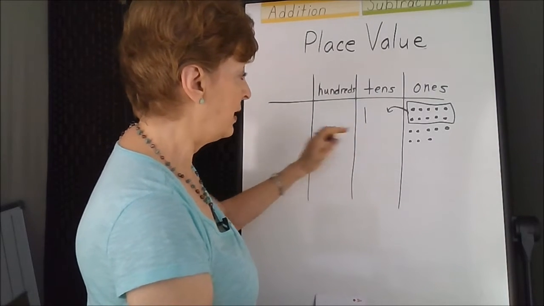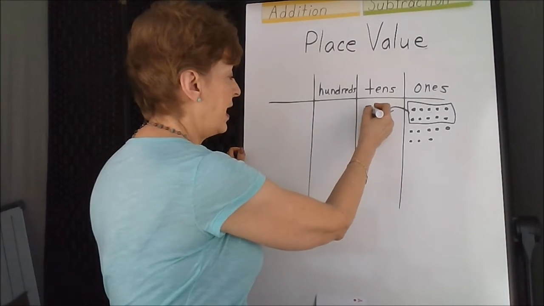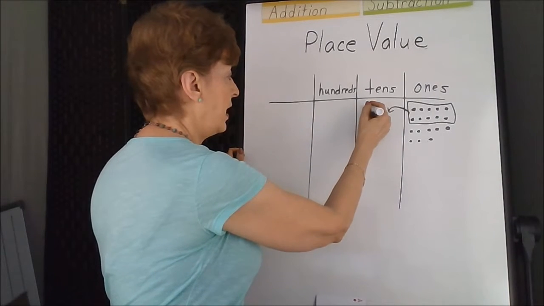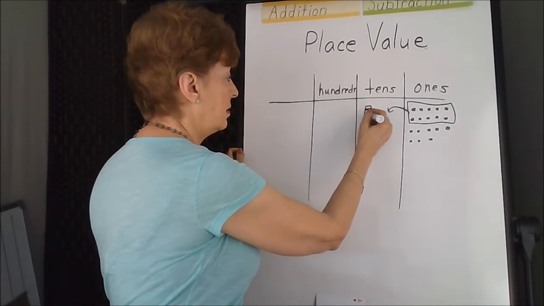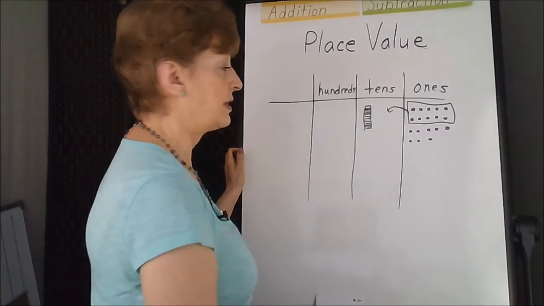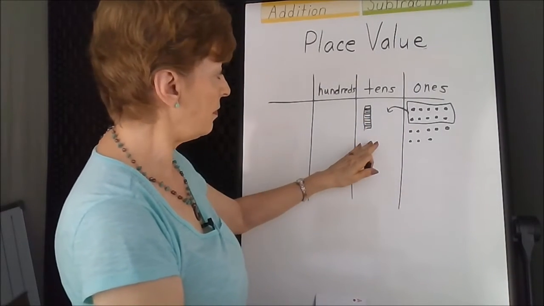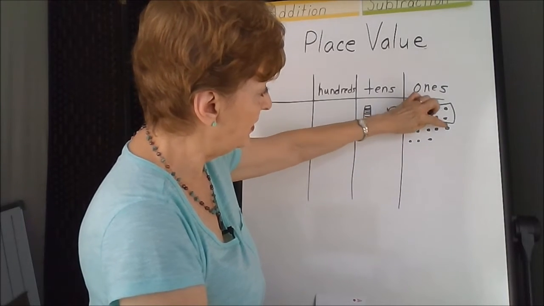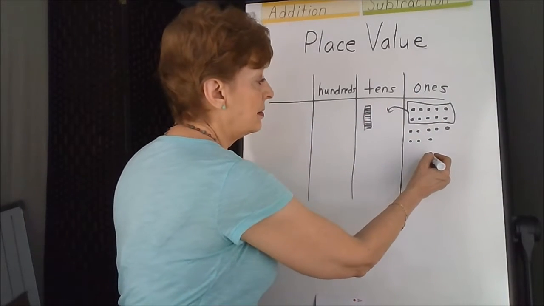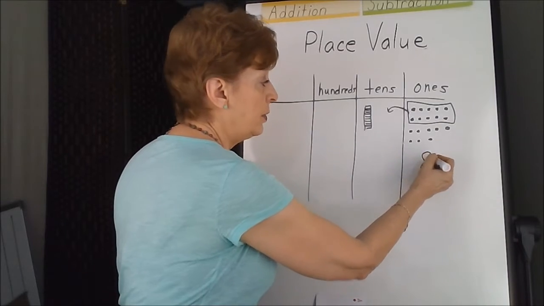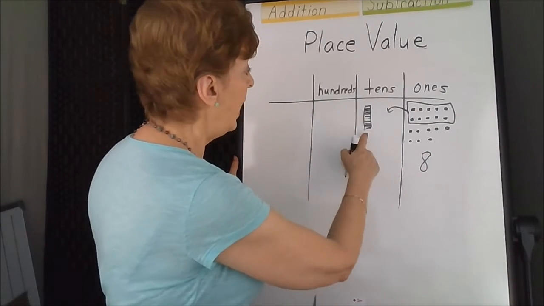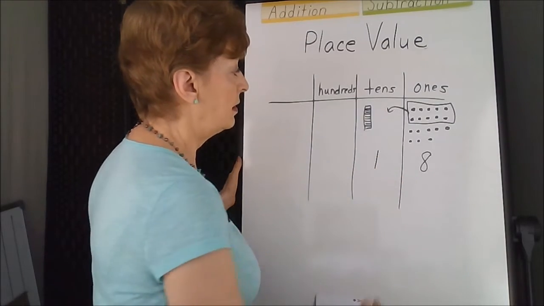So at this point, this is that 10 stick. I'll actually draw it there, so it doesn't look like the numeral 1. Now we have 2, 4, 6, 7, 8. 8 are left in this column, which is fine. We can have that one-digit number, and we have one stick.